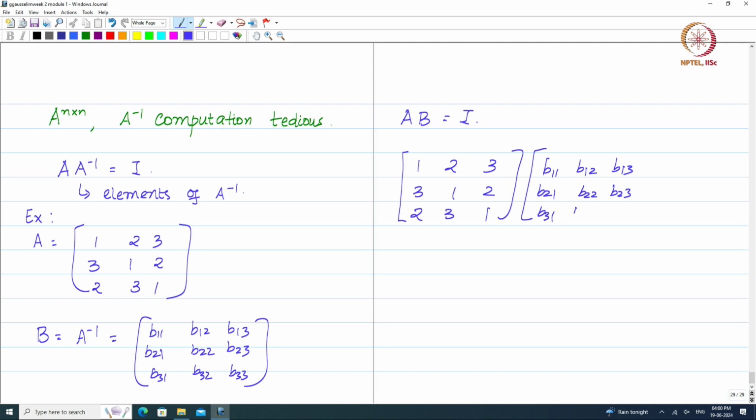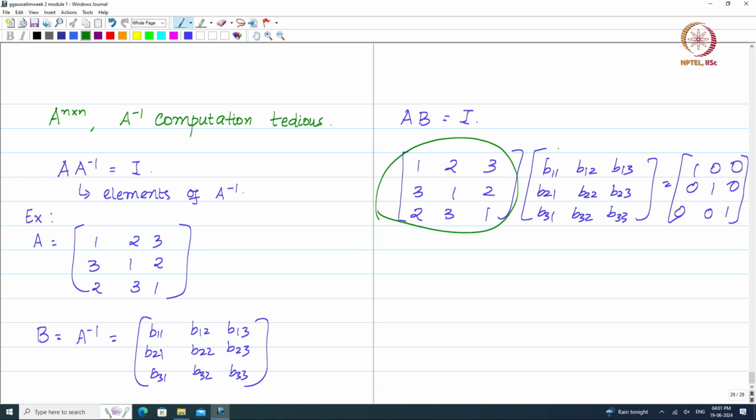This essentially is the same as solving 3 sets of simultaneous equations, namely the matrix 1 2 3, 3 1 2, 2 3 1 multiplied by B11, B21, B31, that is 1 0 0.